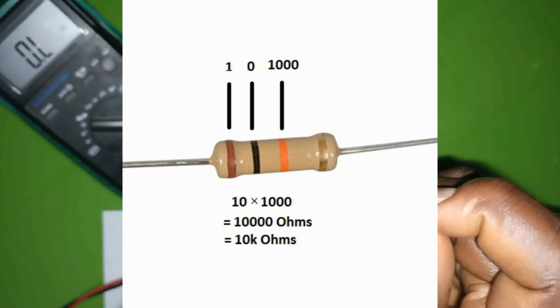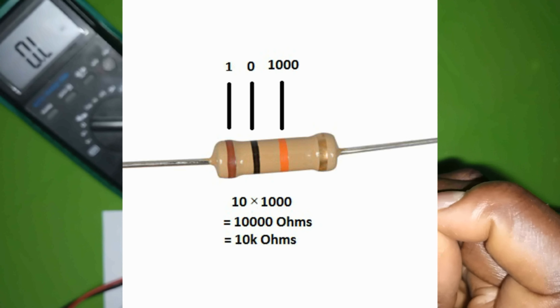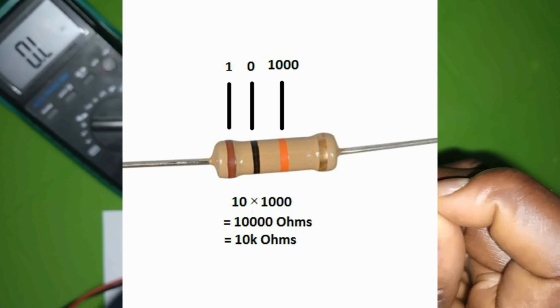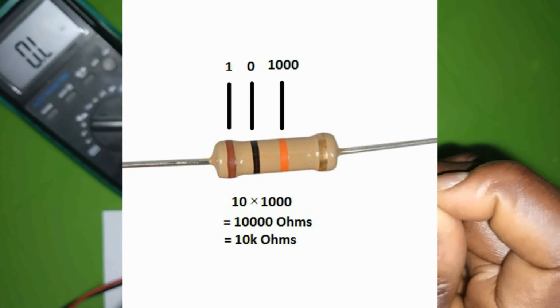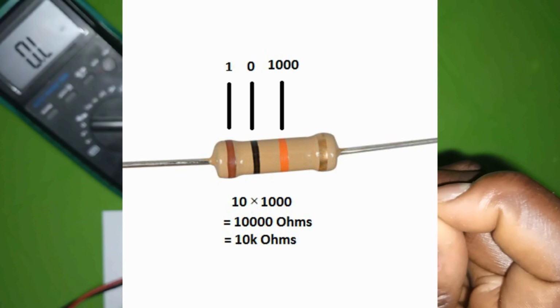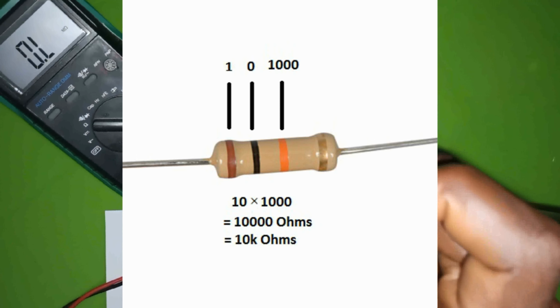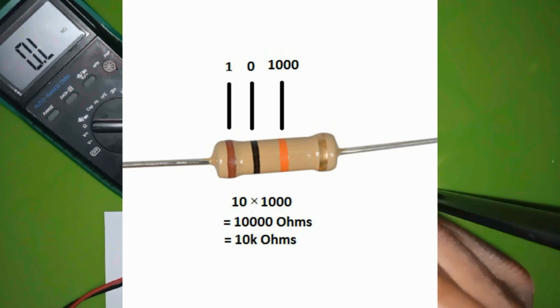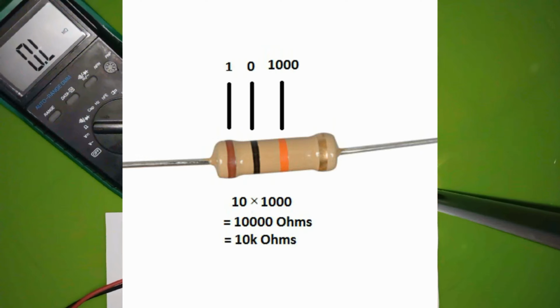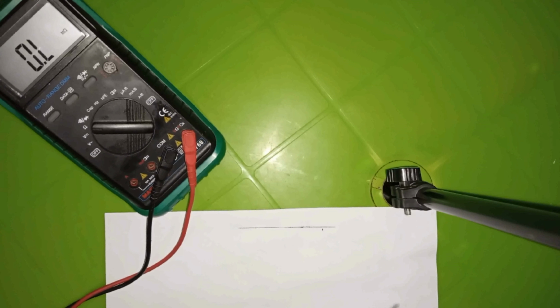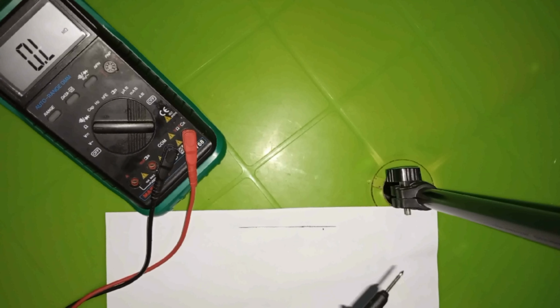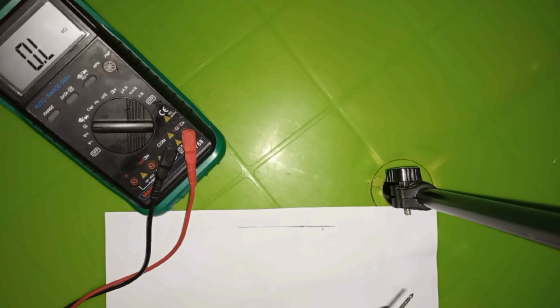Then we have orange, and orange here is 1000. So 10 times 1000 would be 10,000. This resistor is 10,000 ohms or 10 kilo ohms. I hope you are following, and our class is quite interesting.